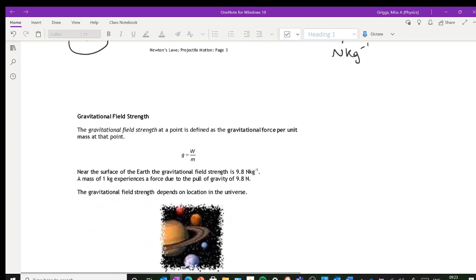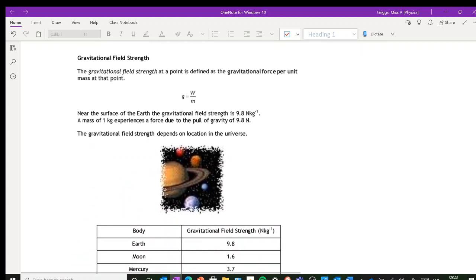So gravitational field strength at a point is defined as the gravitational force per unit mass at that point. So gravitational field strength is weight divided by mass. Or you might see it written down, weight, which is more common, is mass times gravitational field strength.